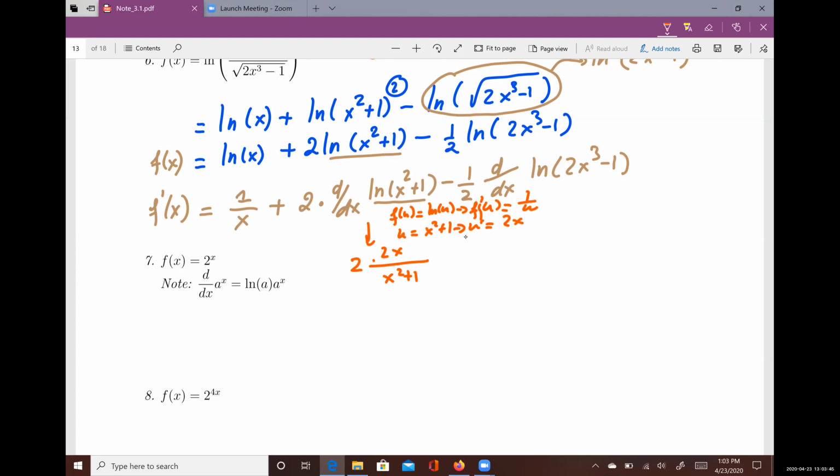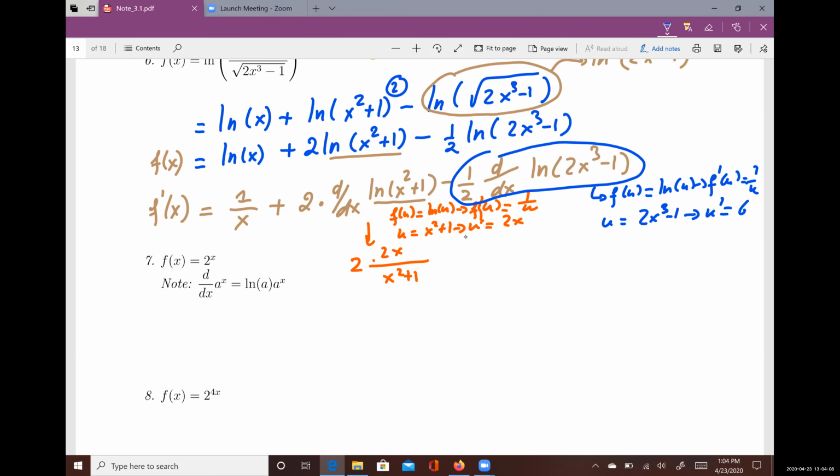Okay. And similarly, I can find the derivative of this function here using the chain rule. So again, f of u is natural log of u, f prime of u is 1 over u. u is 2x cubed minus 1, u prime is 6x.